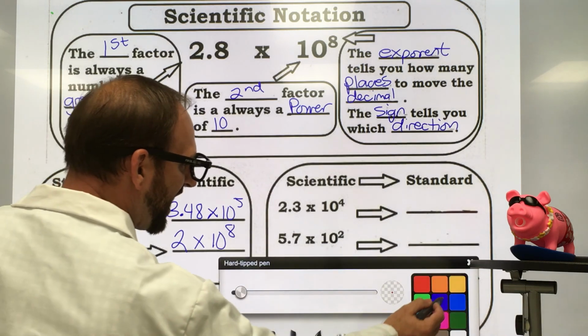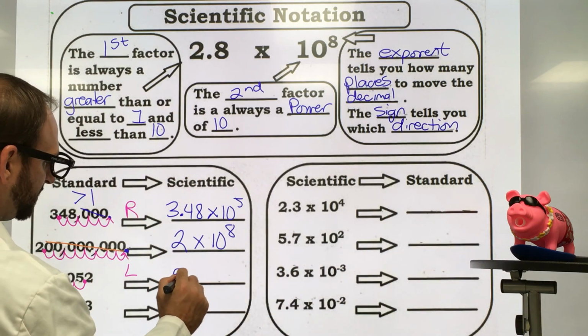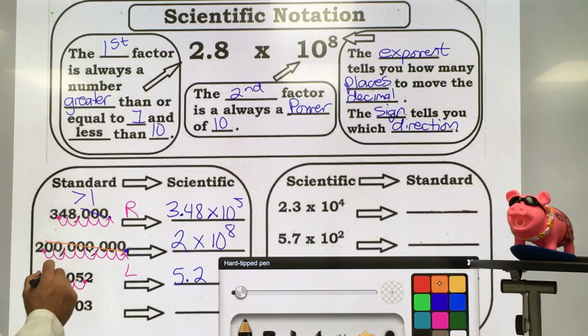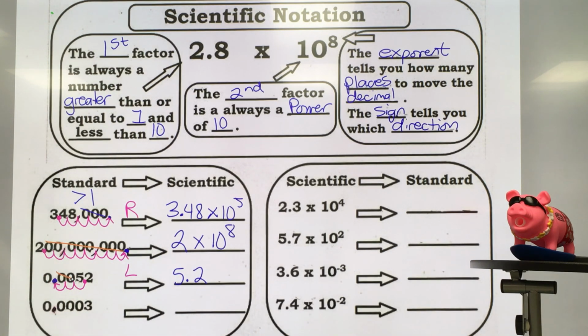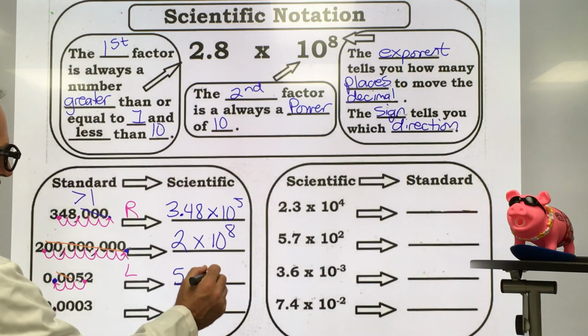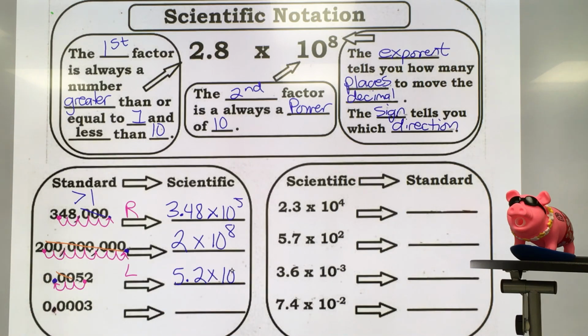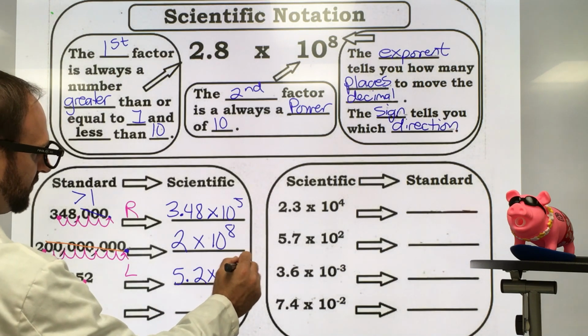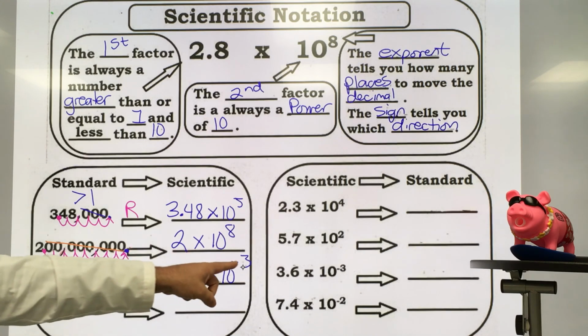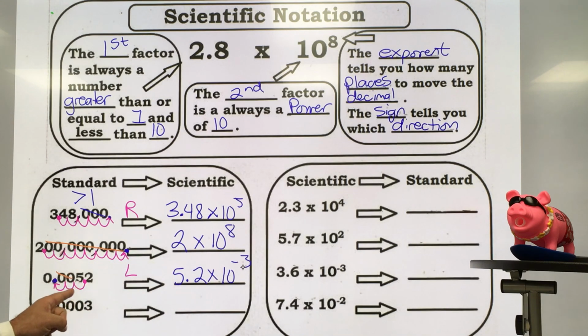Now my first factor will be 5.2. I will drop these zeros that are to the left of that last counting number. And my power of 10 will be times 10 to the negative 3.